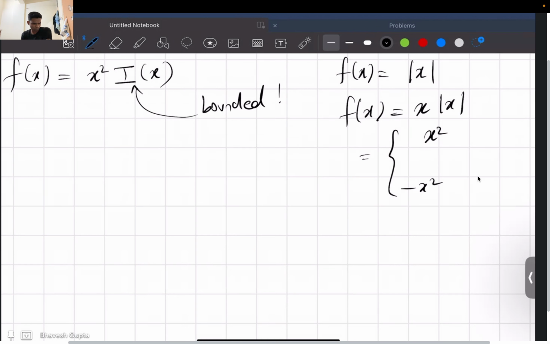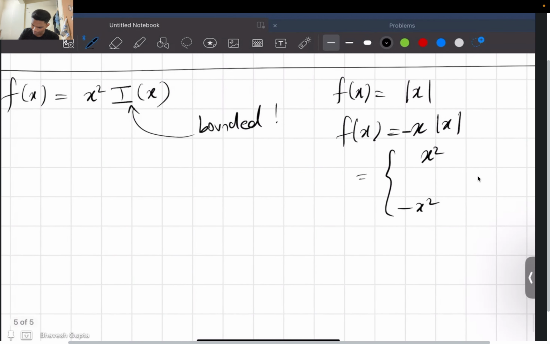What if I put a minus outside? Yeah, that's true. My idea is that you can always multiply by a pre-factor, which will do some regular changes required to make that differentiable.